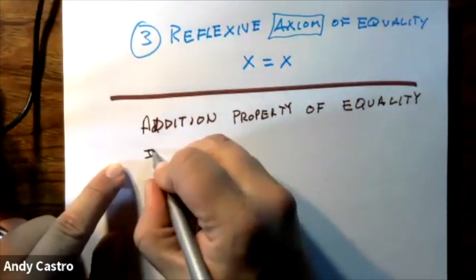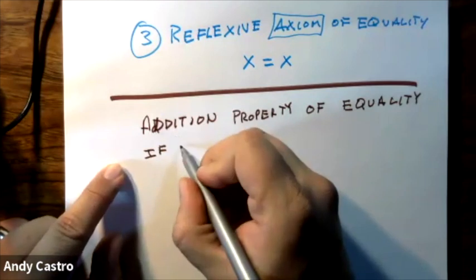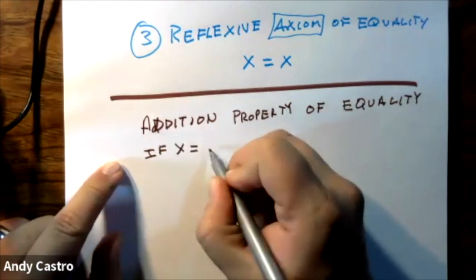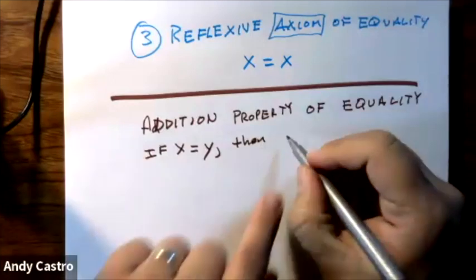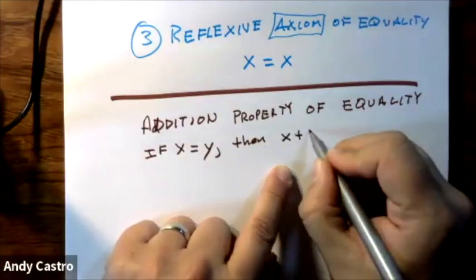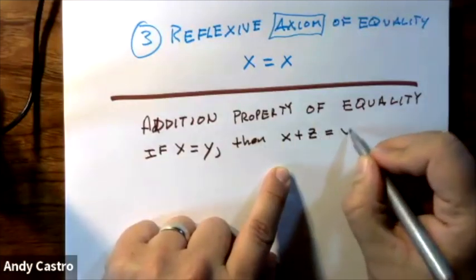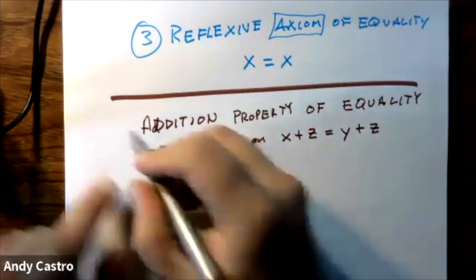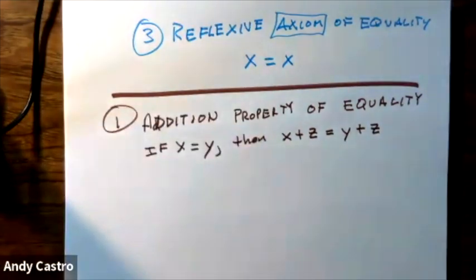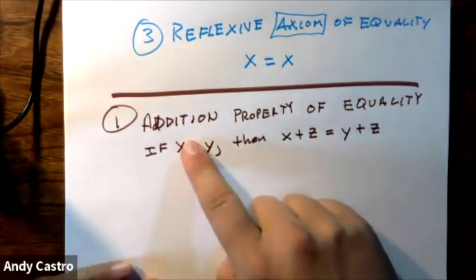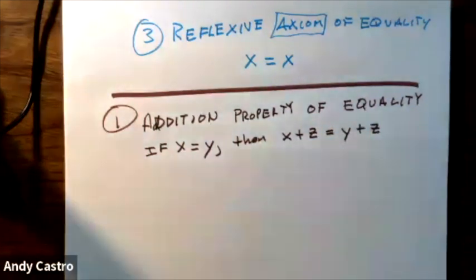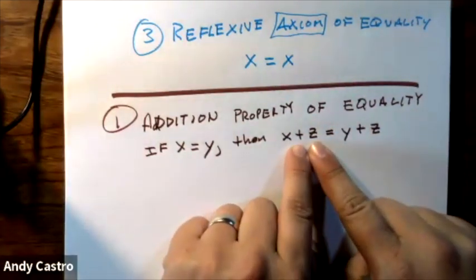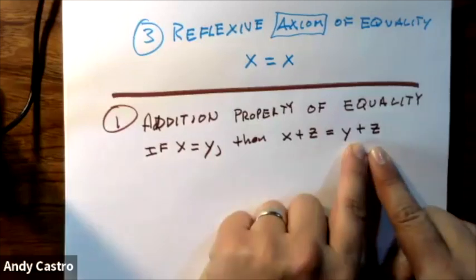And it says that if x is equal to y, then x plus z is equal to y plus z. There are going to be two of these properties. So the first is the addition property of equality. If x is equal to y, then x plus z is equal to y plus z.